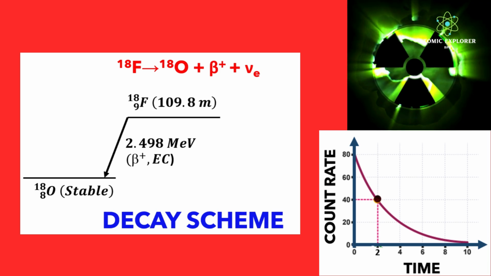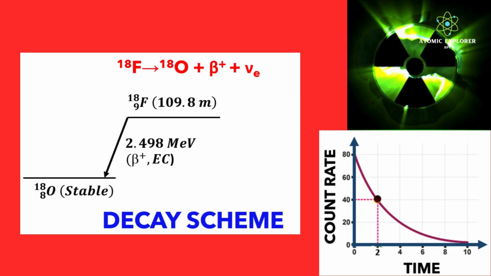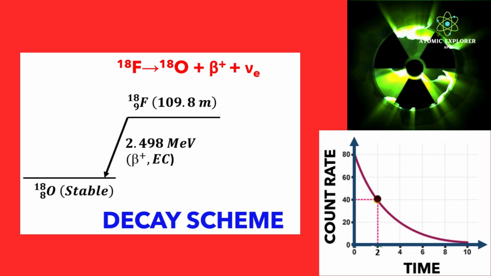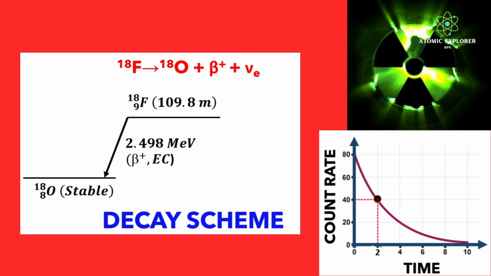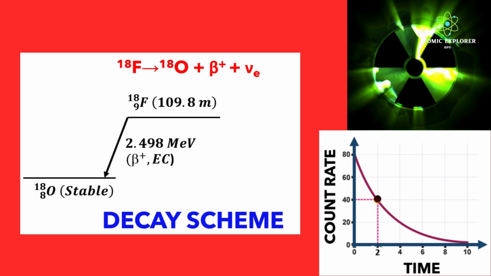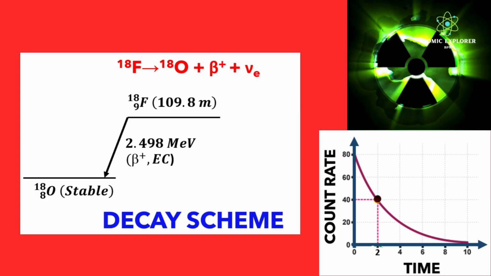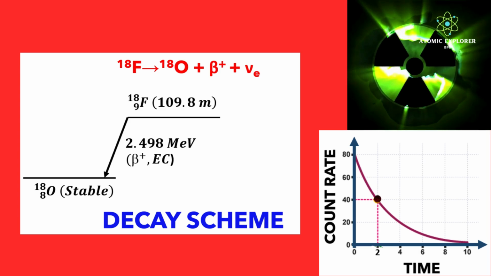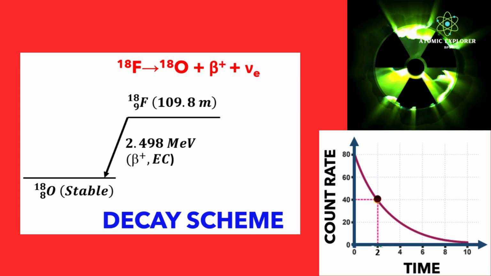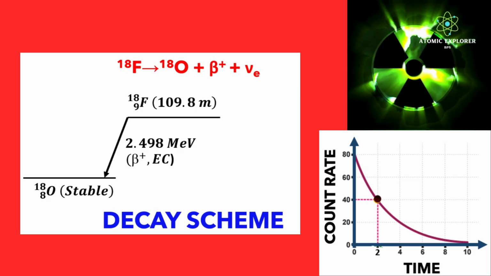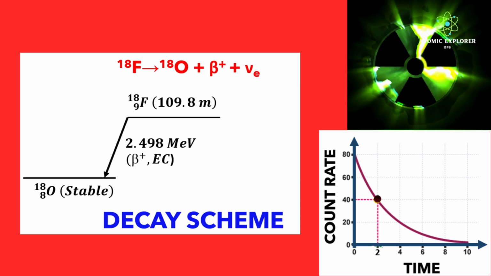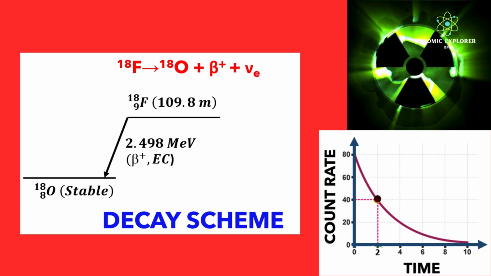Once inside the body, fluorine-18 undergoes a nuclear decay process in which it transforms into oxygen-18. During this transformation, fluorine-18 emits a positron, which is a positively charged electron, and also emits an electron neutrino.